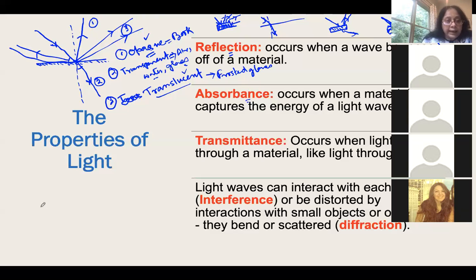Now, another characteristic, let's say over here I can draw. It's an opaque object. So light falls, and most of the light goes back, bounces back. Okay, so 3 rays are here, 3 rays are there.